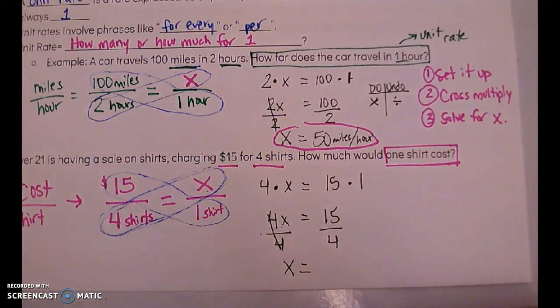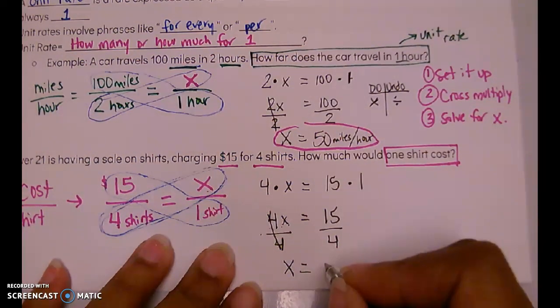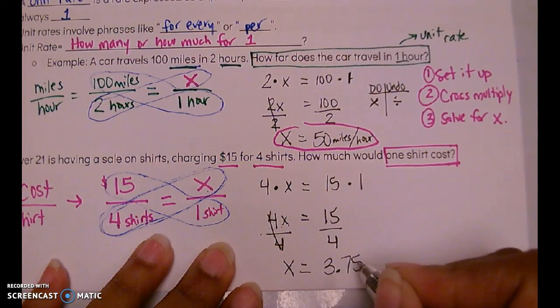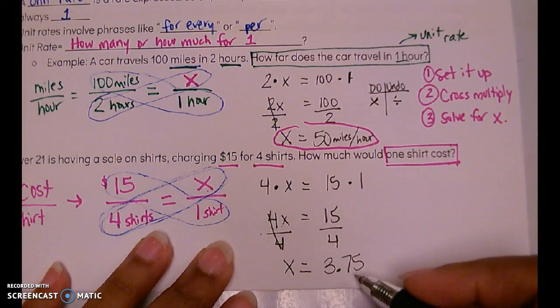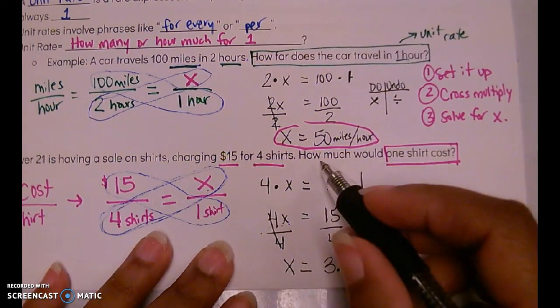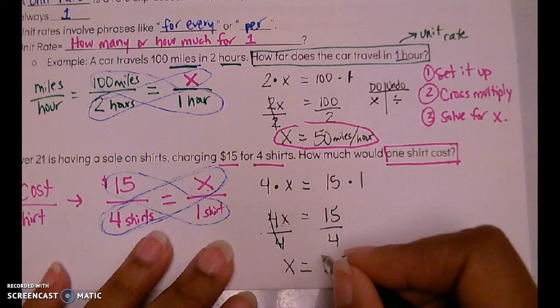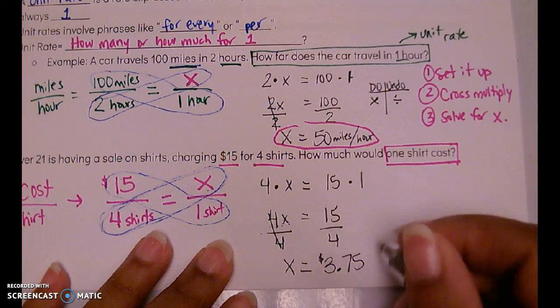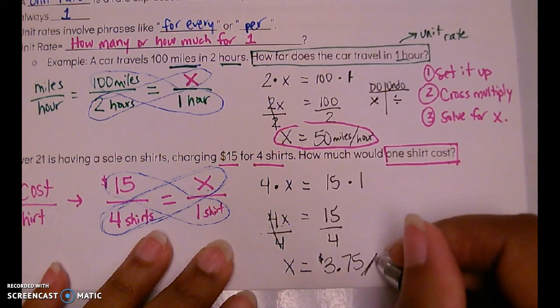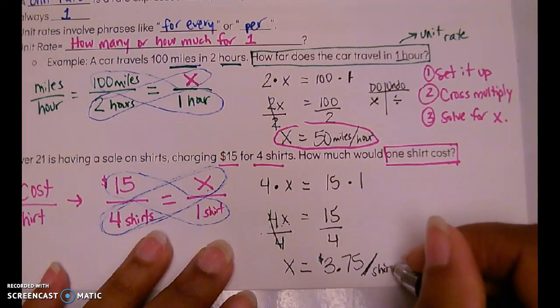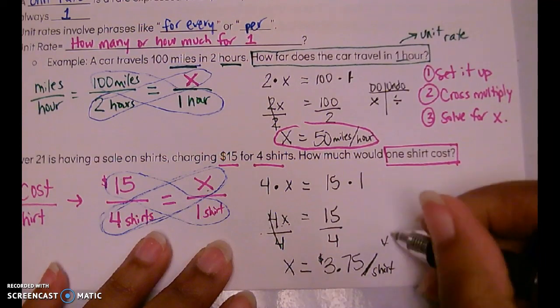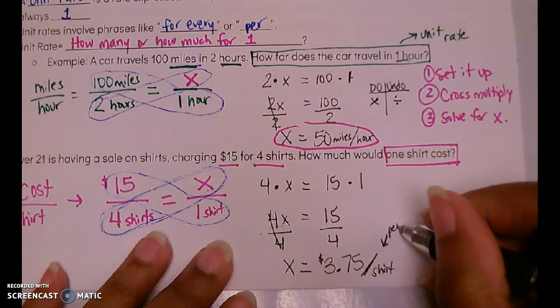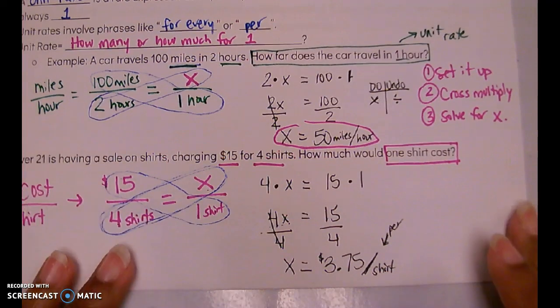And when I put this in my calculator, 15 divided by 4 is going to give me 3.75. What does this 3.75 mean? What does the question ask? How much would one shirt cost? So this one shirt would cost $3.75 per shirt. And remember that this slash means per, or for every shirt.